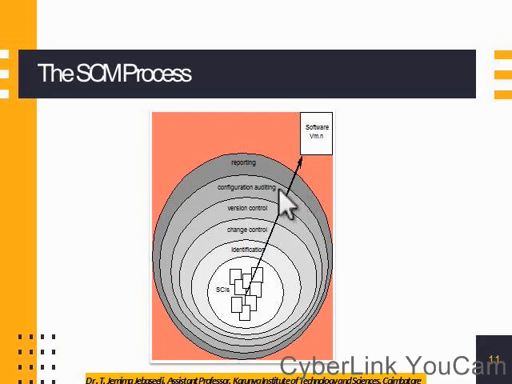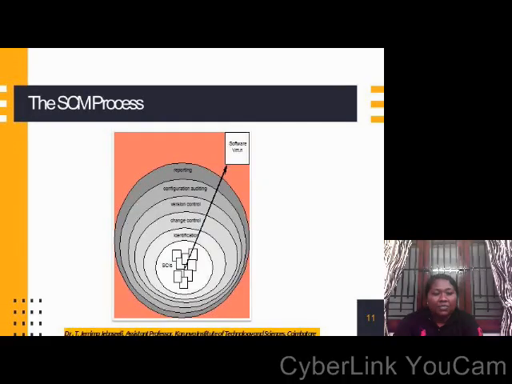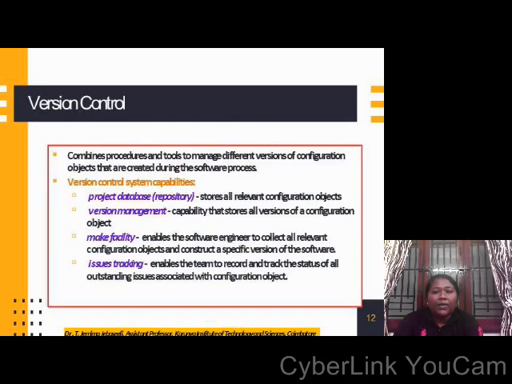And finally, configuration auditing: the items developed and built by the configuration process are audited, and then the report is prepared and submitted back to senior management to review the entire software configuration management process in a qualitative manner.